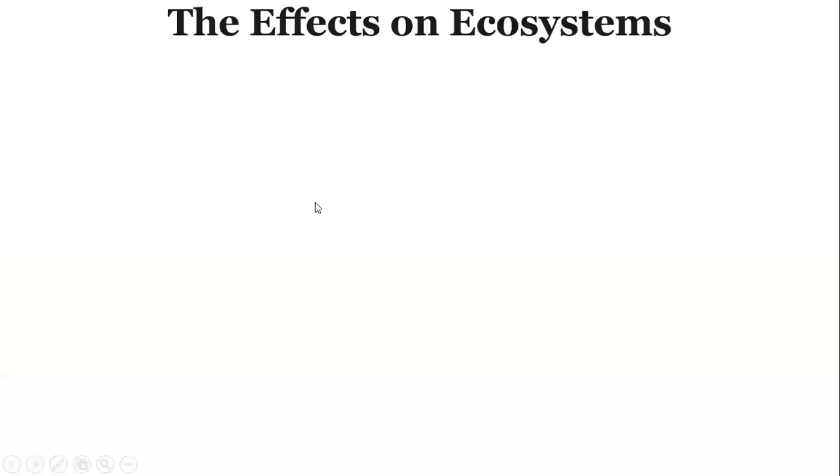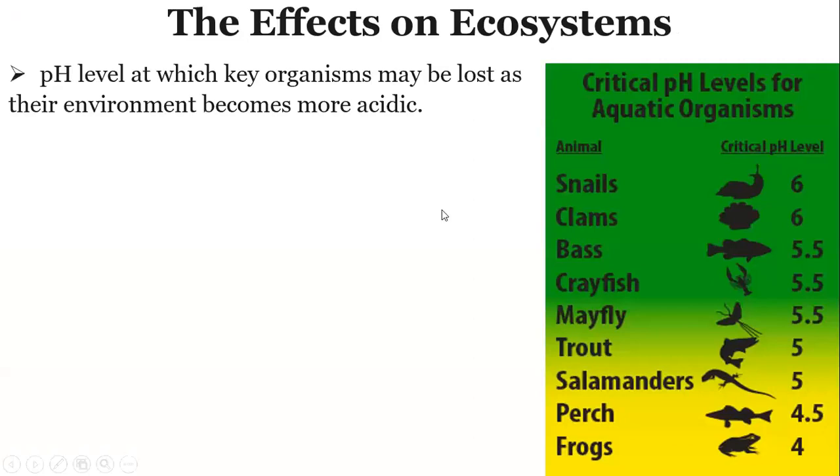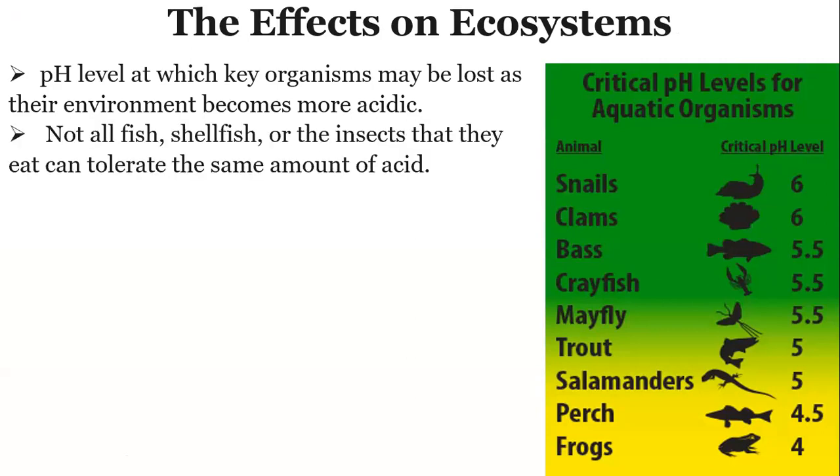Then if you look at the effects of acid rain on the ecosystem, we will clearly see that key microorganisms may lose their lives as the environment becomes more acidic. Not all fish, shellfish, or insects can tolerate the same amount of acid.